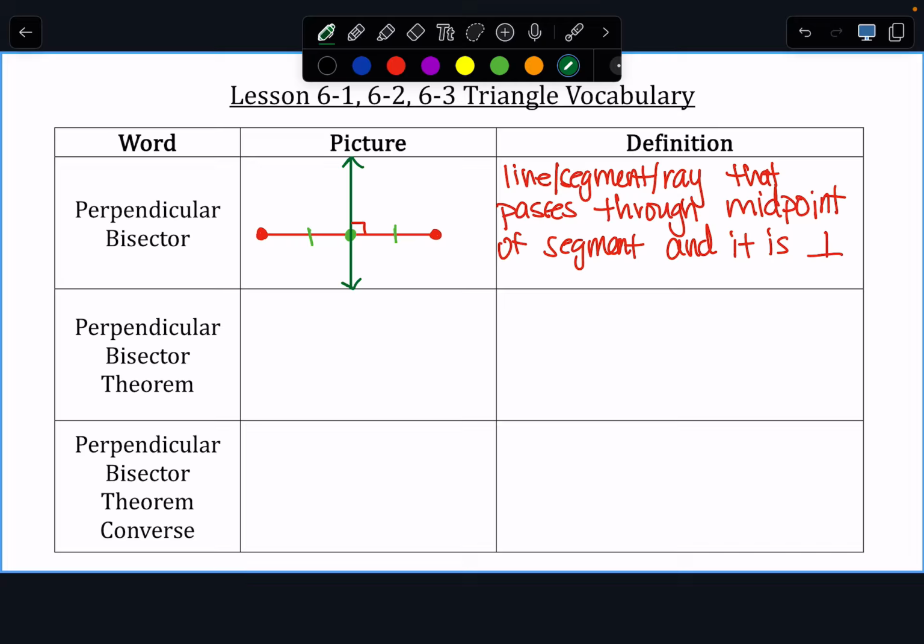Okay, now we have a couple cool theorems that we can use with a perpendicular bisector.